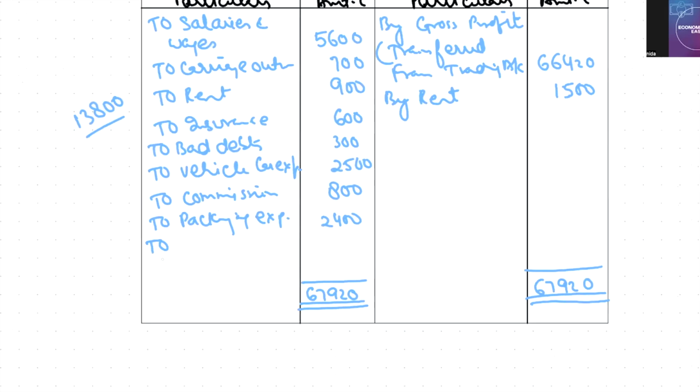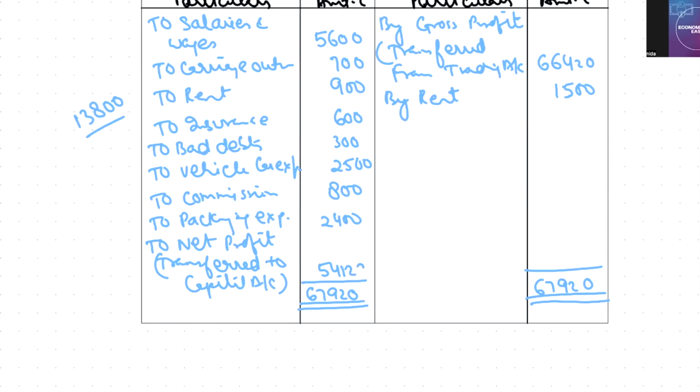To net profit transferred to capital account. Please mention all these things, okay? That's why I'm writing again and again. So the difference is 54,120.